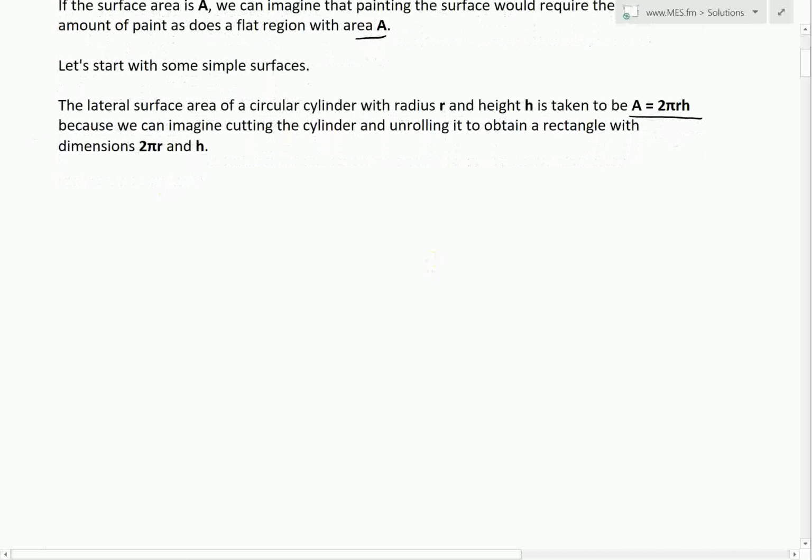So basically, if we were to draw this out, we have a cylinder like this, where the radius is r and the height is h.